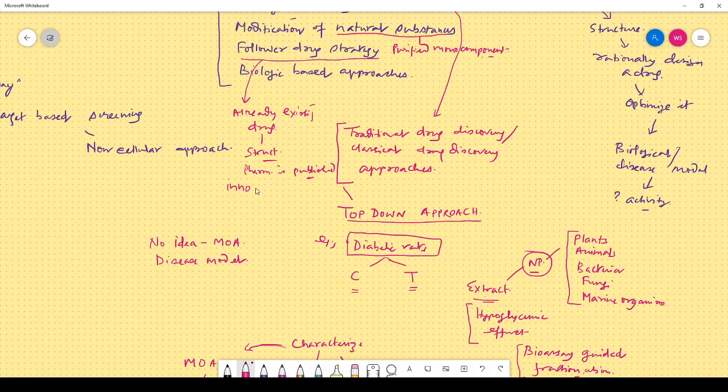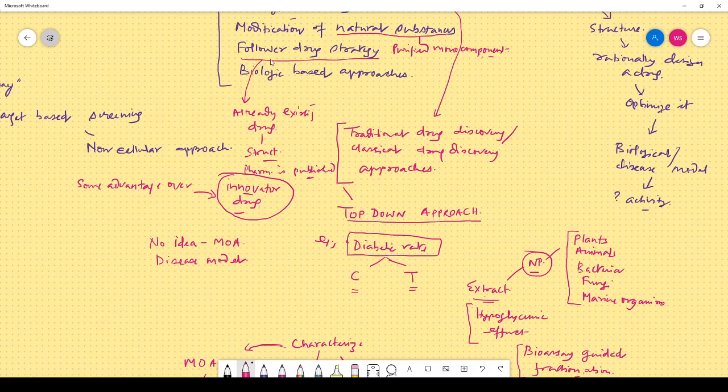The first drug in the class, we call it an innovator drug. So you modify the structure in such a way that it has got some advantage over the innovator drug. Then that is a follower drug strategy. So what is the advantage of using this approach?